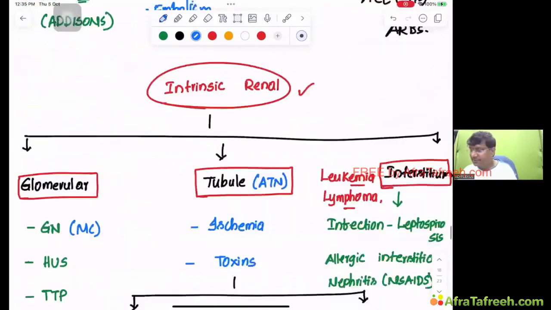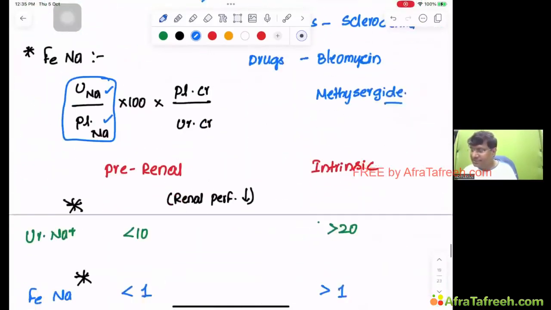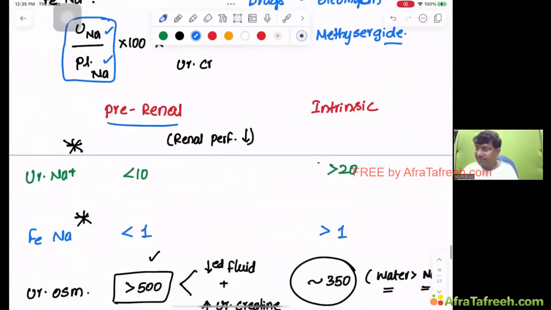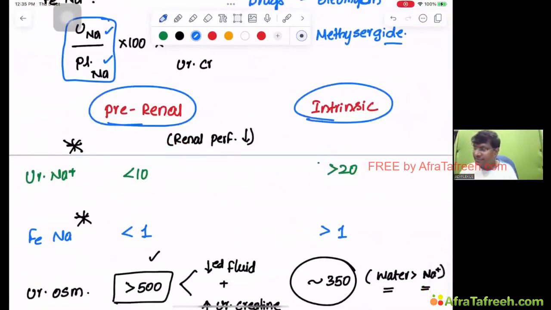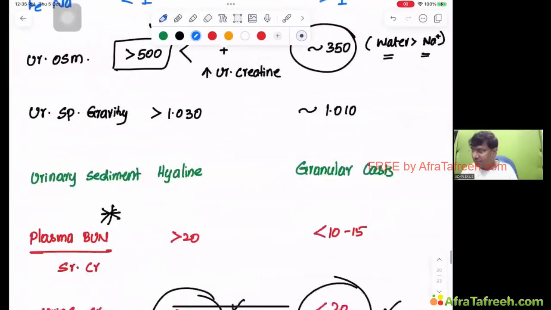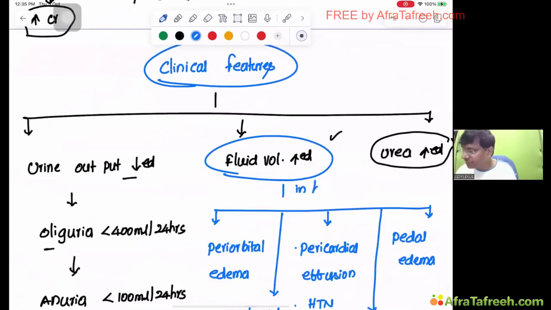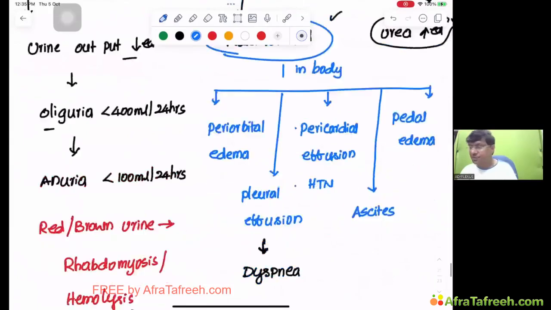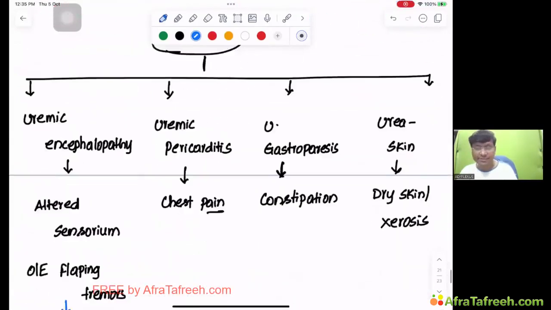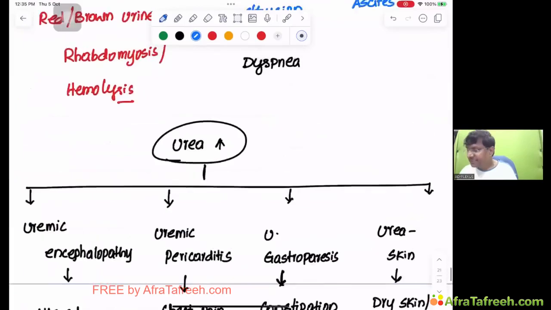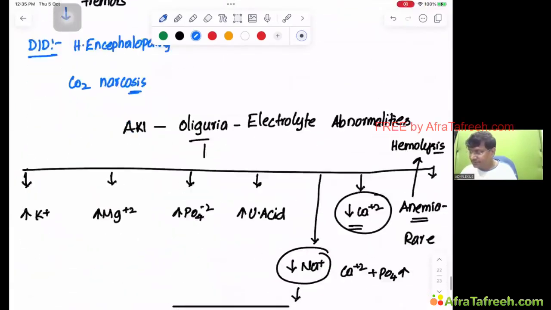And then we have discussed how to differentiate the pre-renal from the intrinsic renal. Then we have discussed the clinical features based on the urine output, based on increase in the fluid volume in the body, and at the same time the clinical features because of increase in the urea levels.